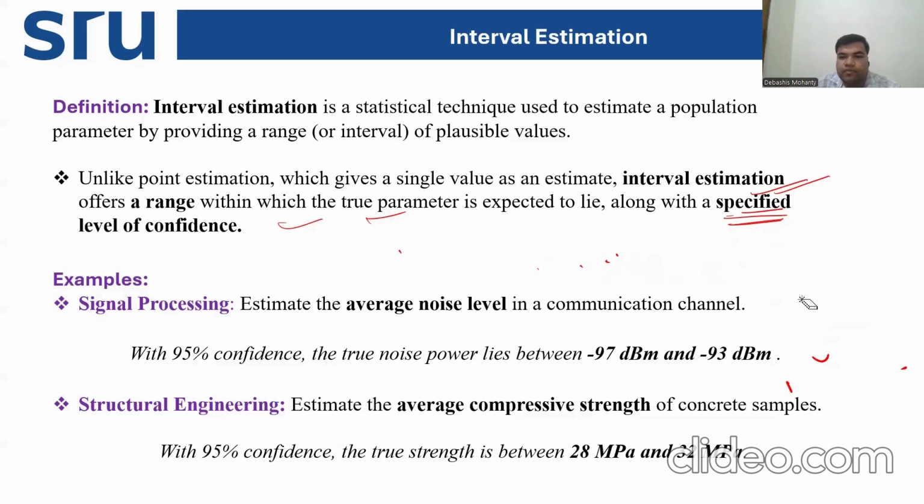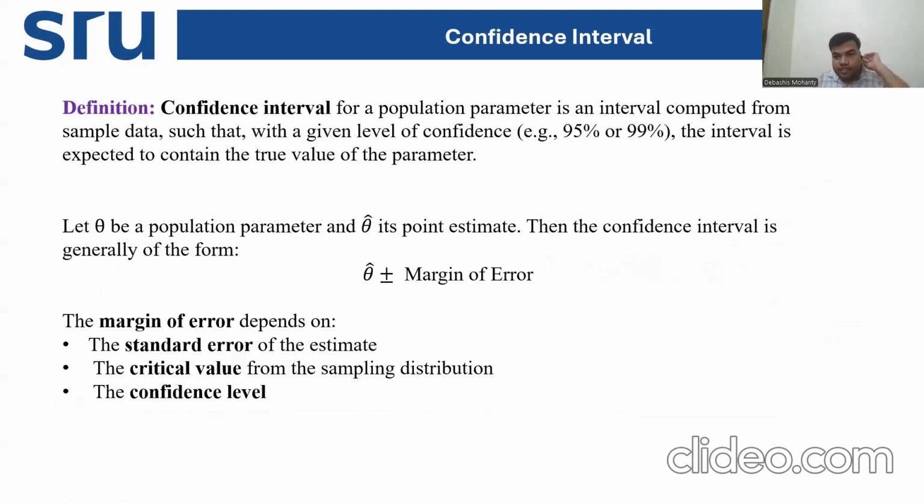Next, coming to the confidence interval. That is very important. Students, see, this is the definition of the confidence interval. A confidence interval for a population parameter is an interval computed from the sample data.